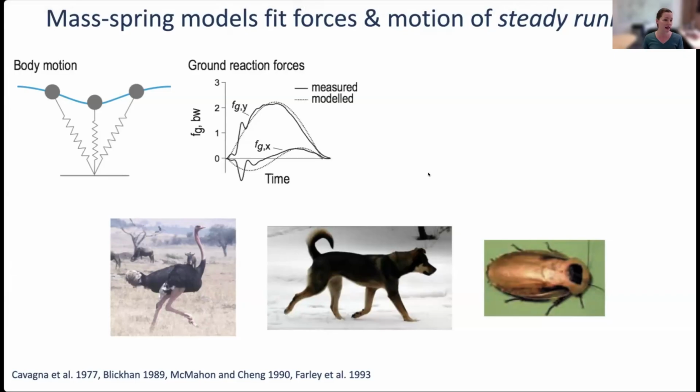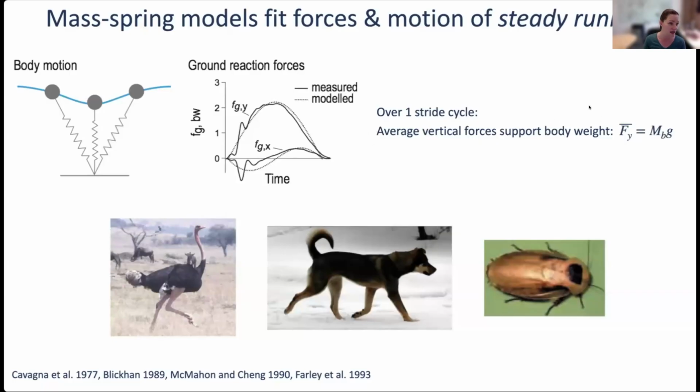But in steady gaits, you can predict the magnitude of the forces based on very simple Newtonian physics: over one complete gait cycle, the average vertical forces have to support body weight to maintain steady locomotion. And so we're considering the vertical direction as a ground reaction force in the y direction here.